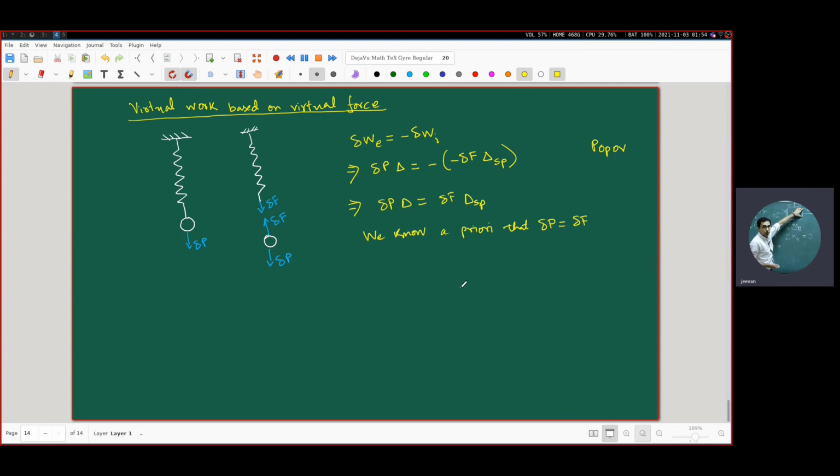So delta P is equal to delta F. And what we conclude from here is that delta of the mass should be equal to delta of the spring.